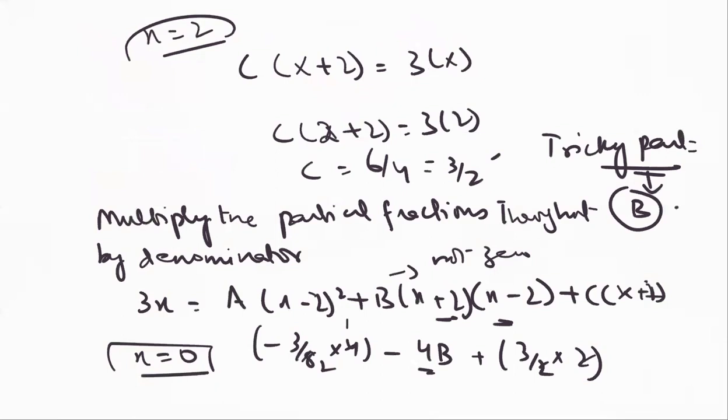When we are solving it over here, it becomes what? This becomes 0. This becomes what? Minus half. And this becomes plus 3. Okay, this becomes minus half, this becomes plus 3. So check it further.